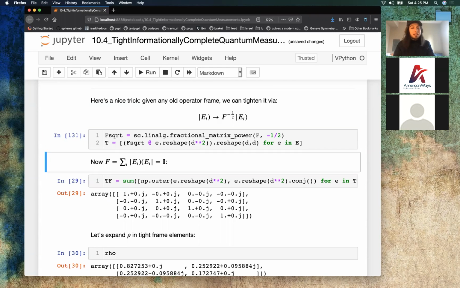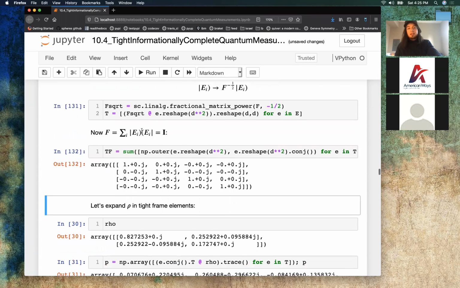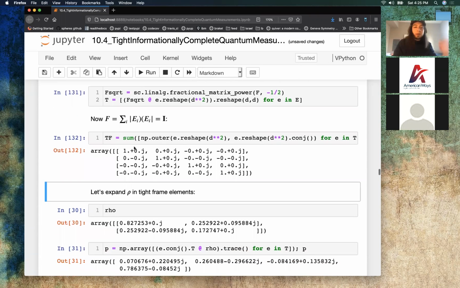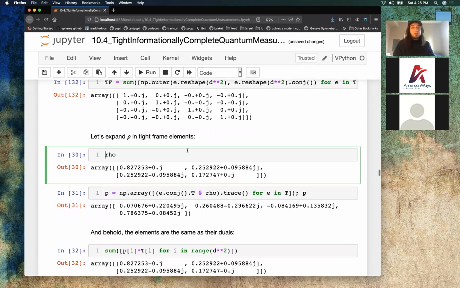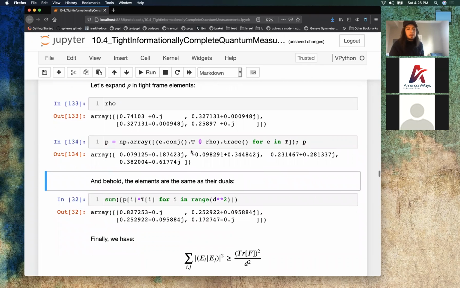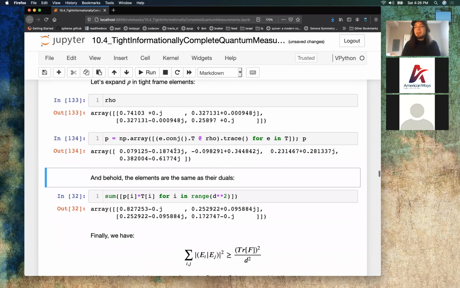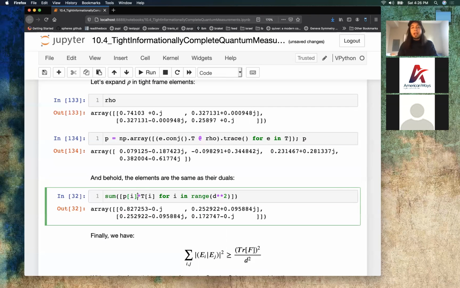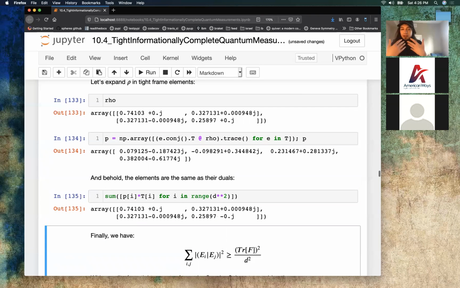And what that means is that the frame operator, as you see here, is just the identity. So if we have some rho and we expand it in these tight operator frame elements, then those very same numbers end up weighting the operator frame elements in your reconstruction of rho.